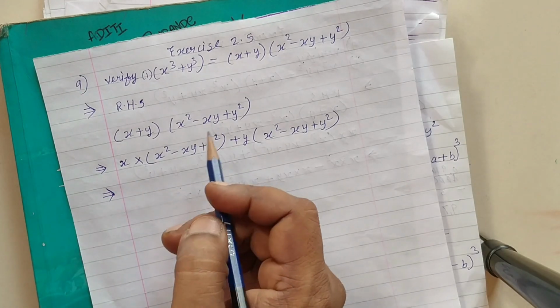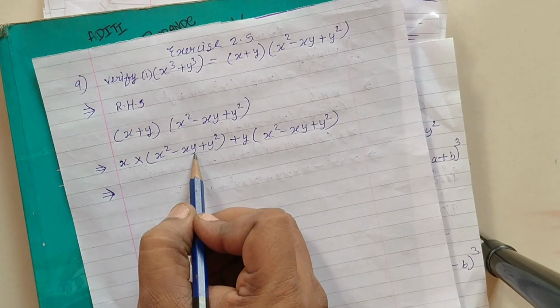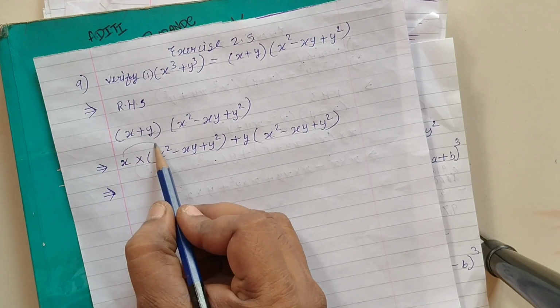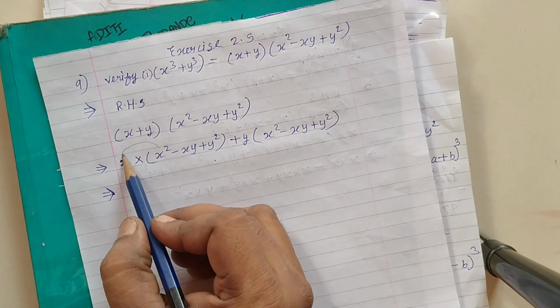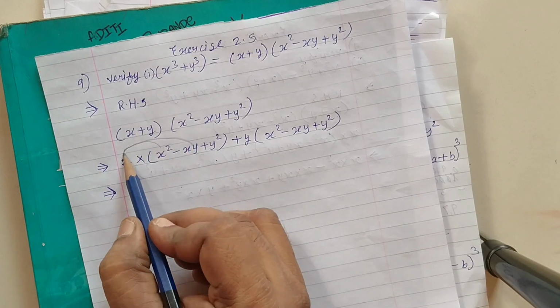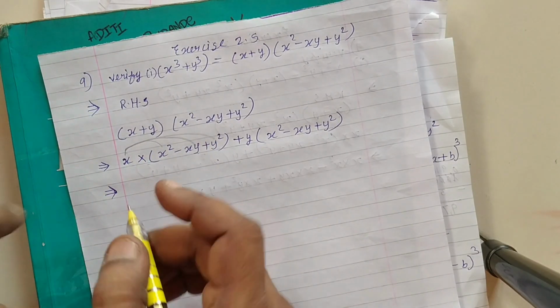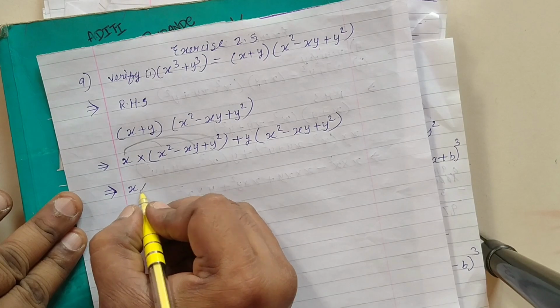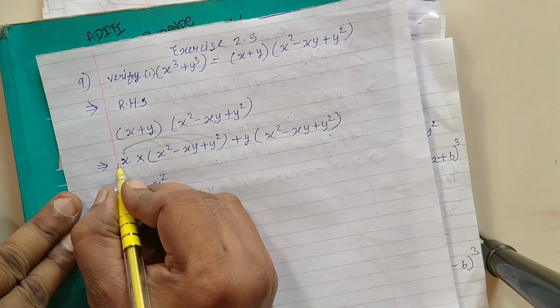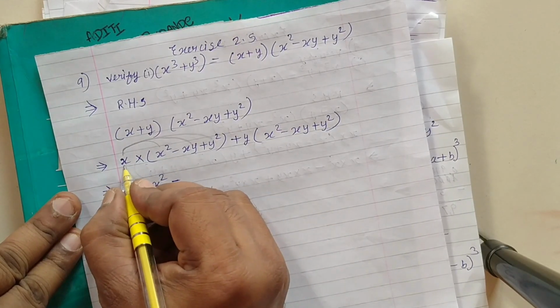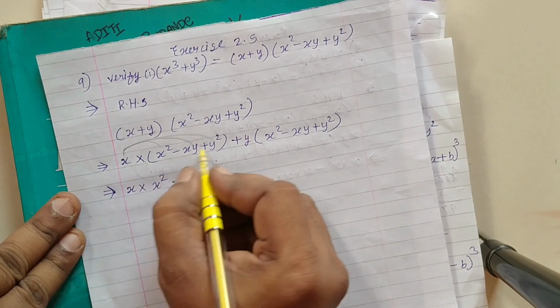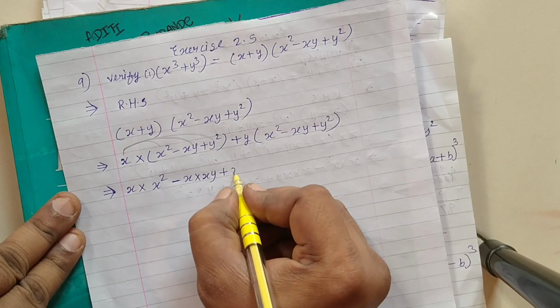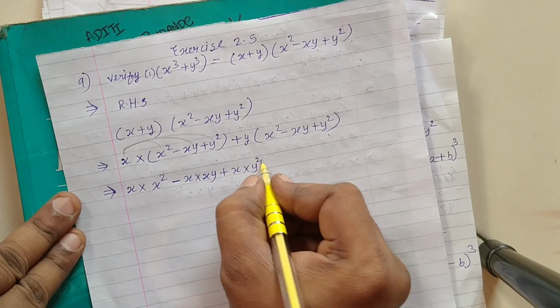Now here it is monomial multiplied with trinomial. So what we are doing, we are opening the bracket. We are multiplying the monomial term, that is x, with each term inside the bracket. So x multiplied with x square, then plus into minus, minus, then x multiplied with xy, then plus into plus, plus, then x multiplied with y square.